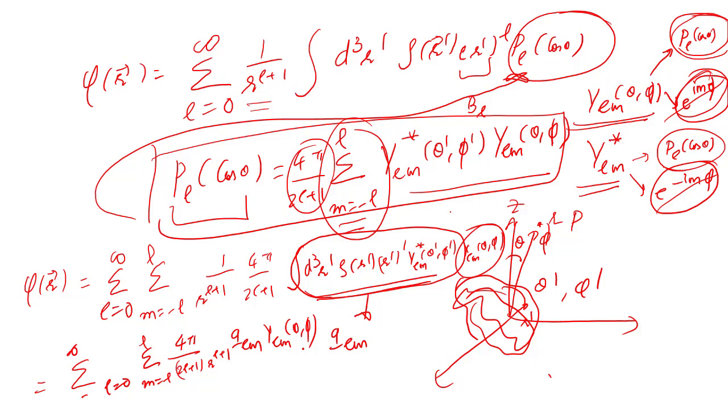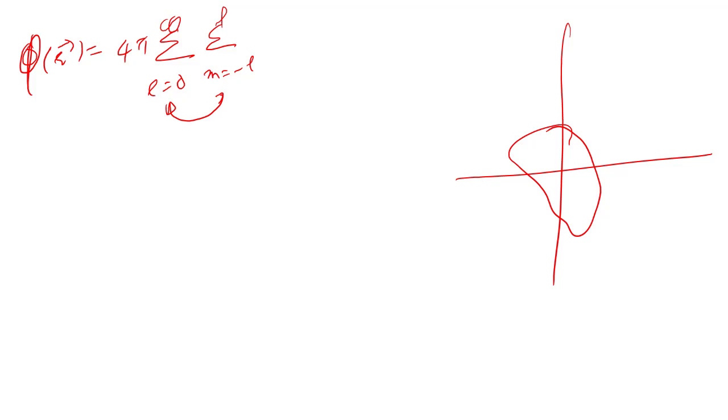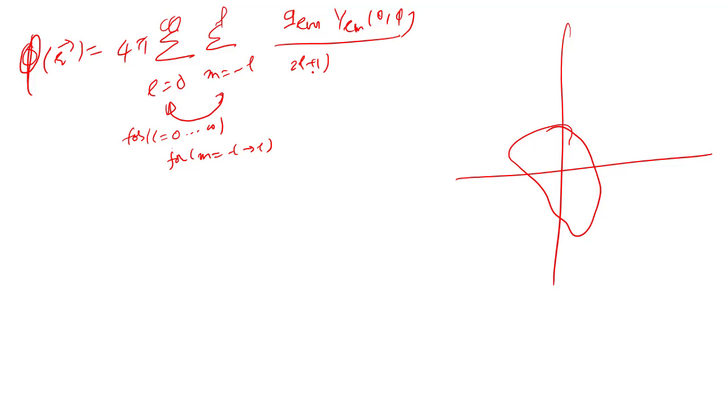So in general, for any arbitrary charged body, I can write the potential due to the charged body in spherical polar coordinates as 4 pi times the sum over L from 0 to infinity, m from minus L to L. This is like having a nested loop: for L from 0 to infinity, for each L you have a sub loop where you go from minus L to plus L. And then you have q_lm times Y_lm theta phi by 2L plus 1 times r to the power L plus 1.